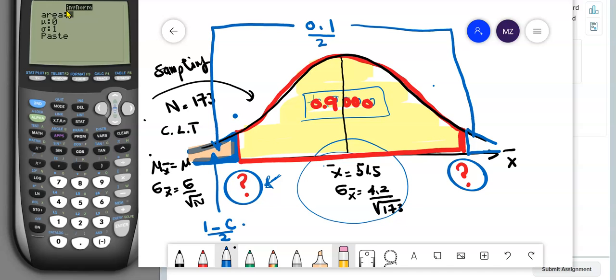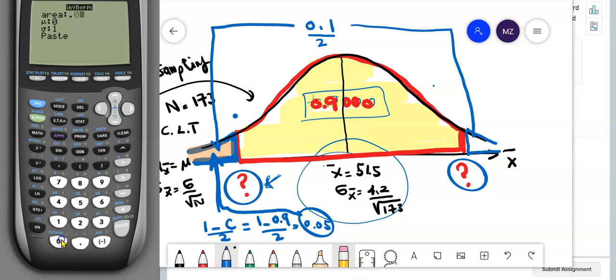How do you get the area? It's going to be 1 minus 0.9 divided by 2, which gives you 0.05. So this is the area that you are looking for, 0.05, and that's what you need to give the calculator. So I'm going to type in 0.05 in here.